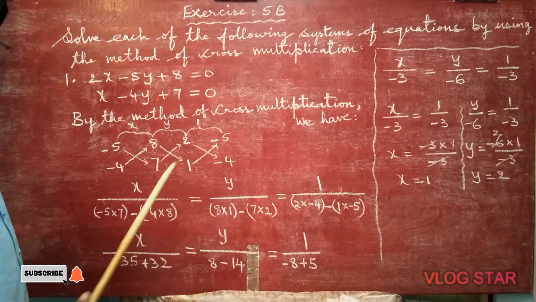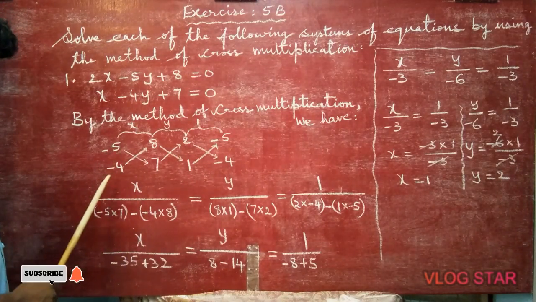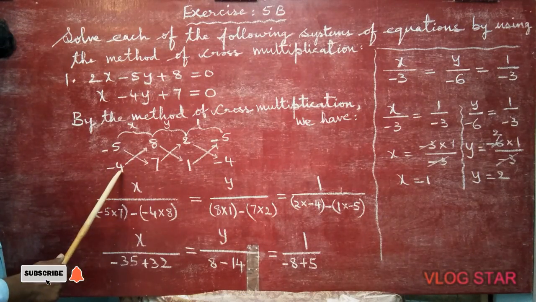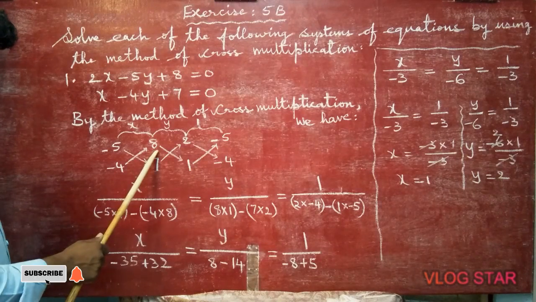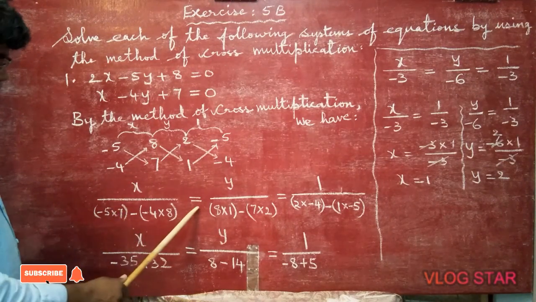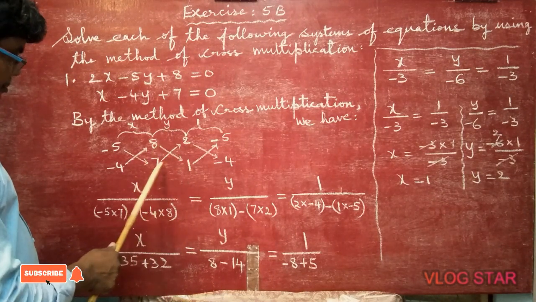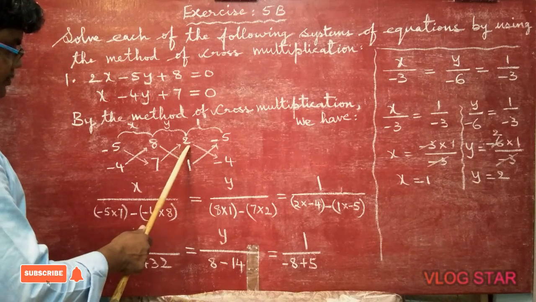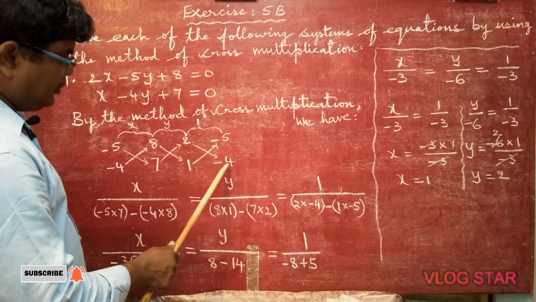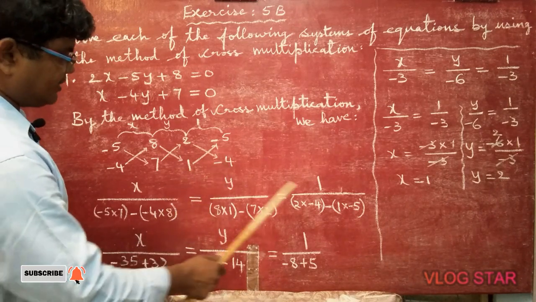Minus 5, minus 4. Now, we know x by minus 5 into 7 minus of minus 4 into 8. This is the way of writing: x by that is equal to y by 8 into 1 minus of 7 into 2. That is equal to 1 by 2 into minus 4 minus of 1 into minus 5.